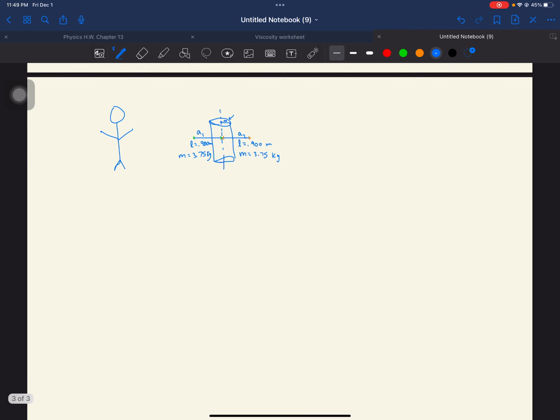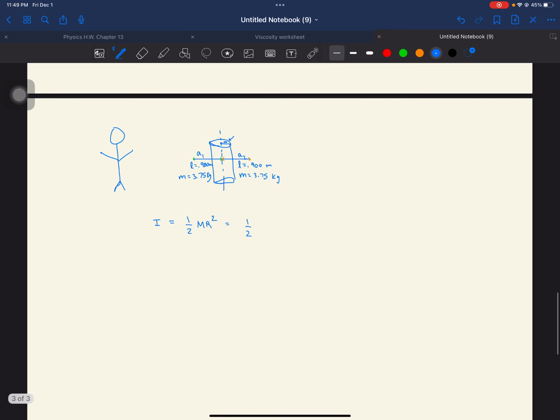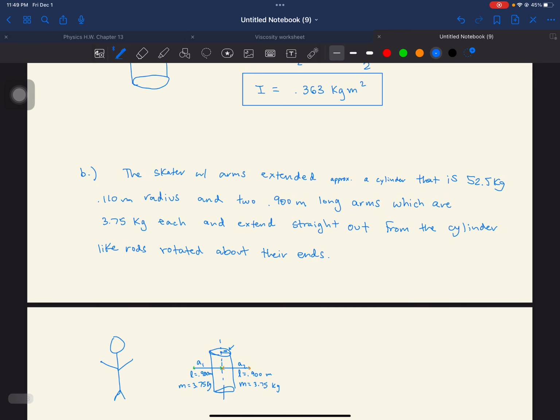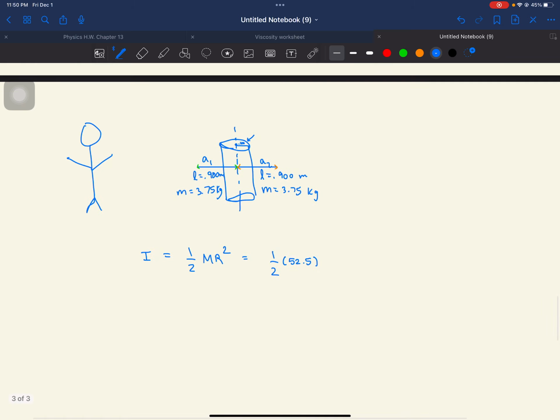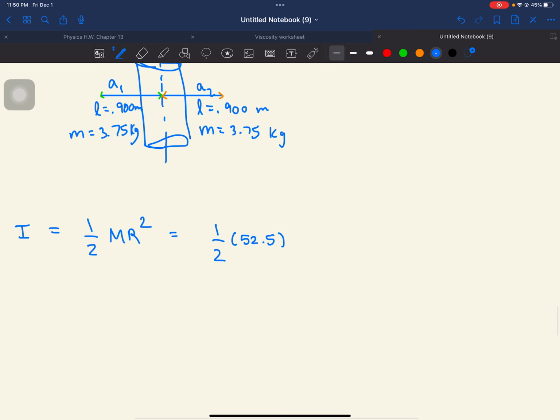We could say the moment of inertia of the cylinder would be I equals 1/2 m r squared, which is equal to 1/2 times the mass of the cylinder, 52.5, and then the radius, 0.110, squared.